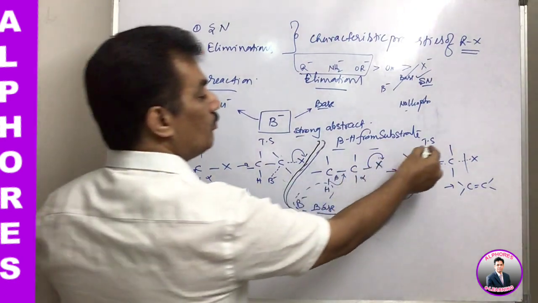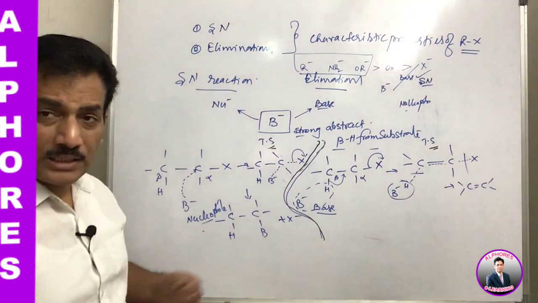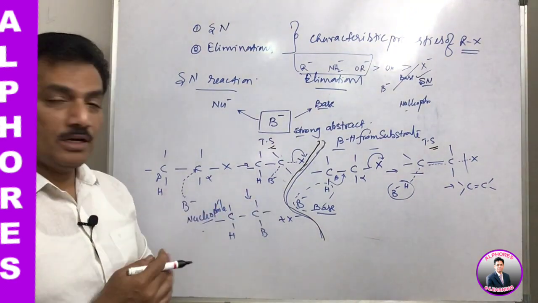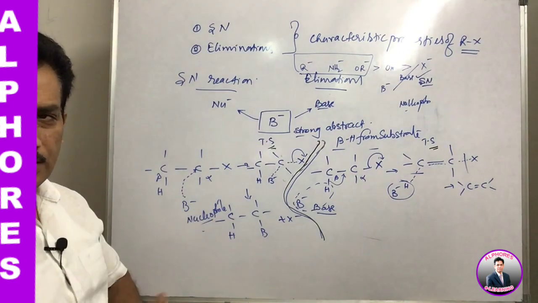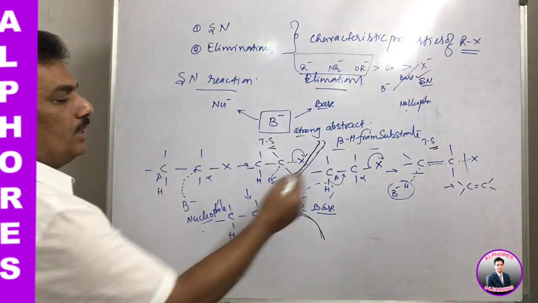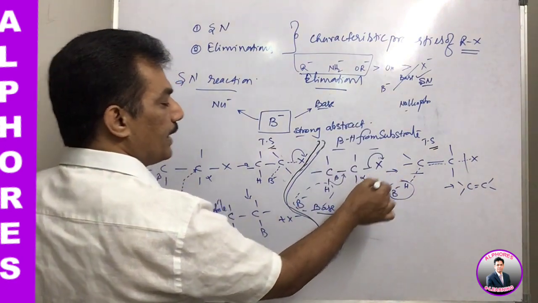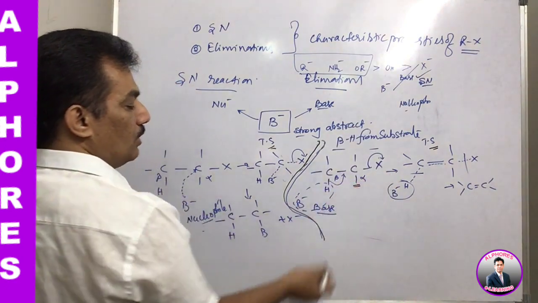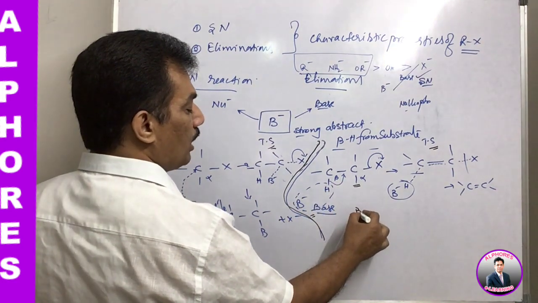This mechanism is involving only a transition state in both these cases. There is no reaction intermediate. This type of mechanism, where there is no reaction intermediate, is nothing but a single step. Here it is elimination. In this single step, this substrate molecule and this reagent molecule are both present, hence it is a bimolecular reaction.